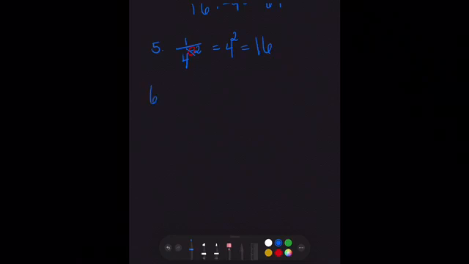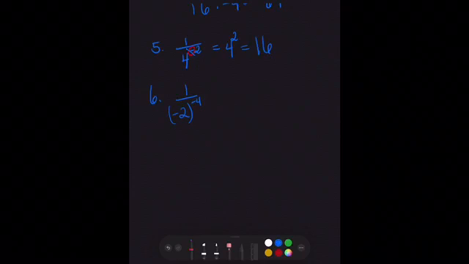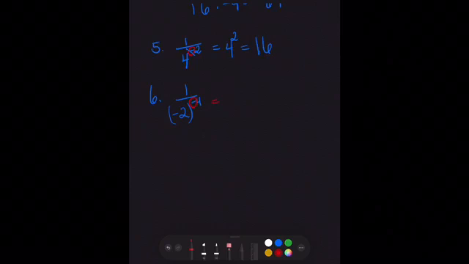Okay, how about number 6? It's 1 over negative 2 in parentheses to the negative 4th power. Well, in order to get rid of that negative sign, we have to write the reciprocal of 1/2, essentially. So it becomes negative 2 to the fourth power.